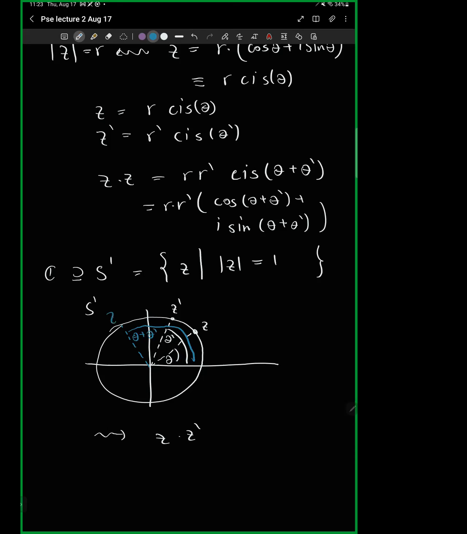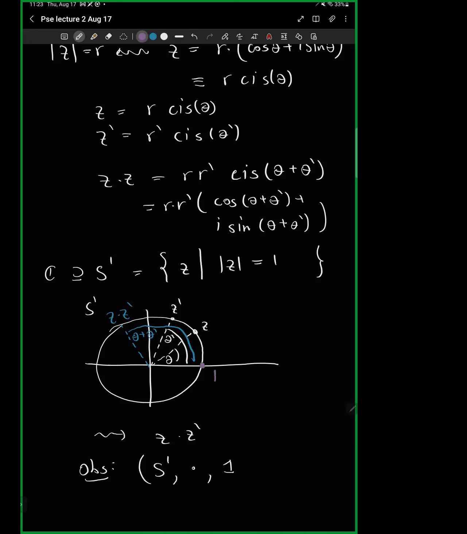This is z prime. And I claim, observe, S1 with the multiplication of complex numbers and the element 1 is here, the purple element.